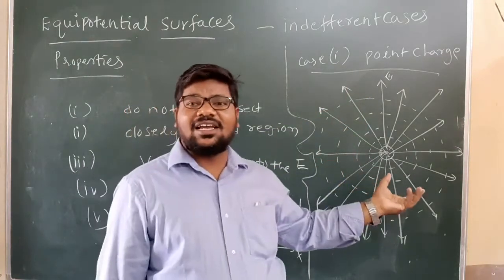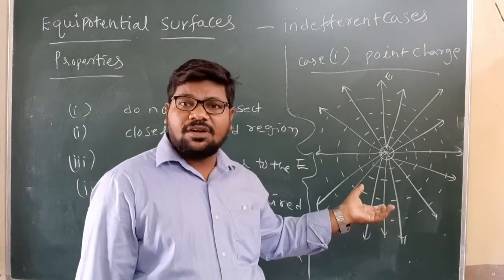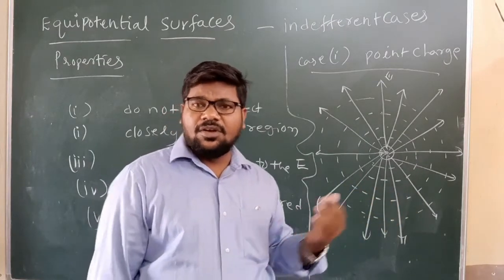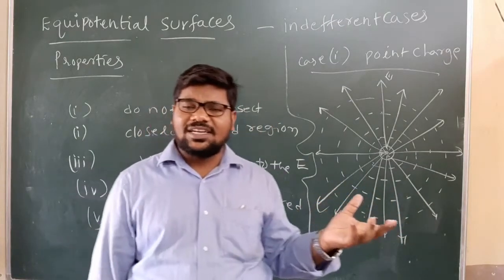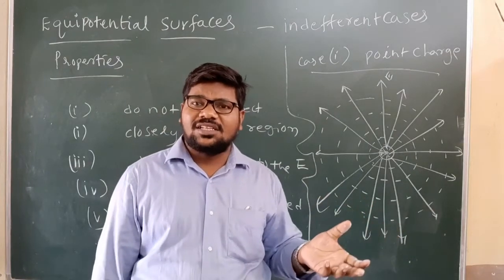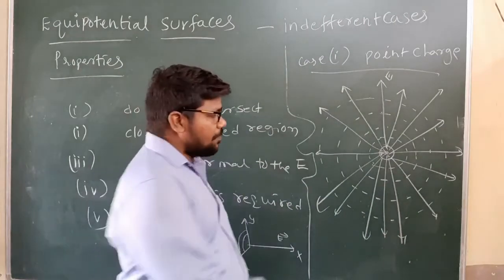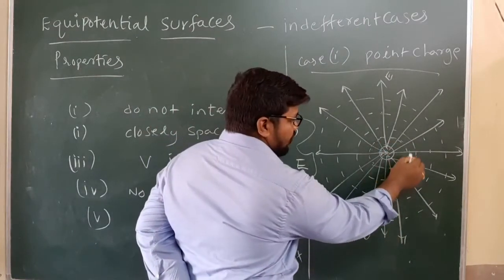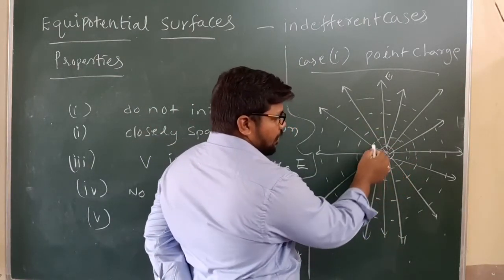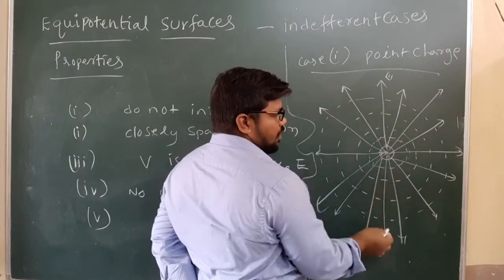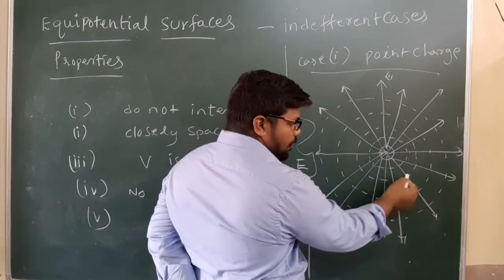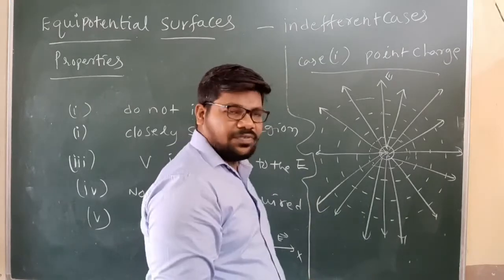So this is the diagram of equipotential surfaces for a point charge. From this you can understand easily. Equipotential surface means at any surface the potential is the same. In this surface the potential is the same, and in the second one the potential is somewhat different.